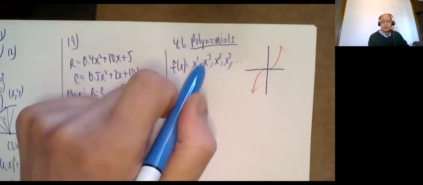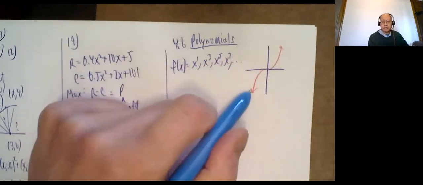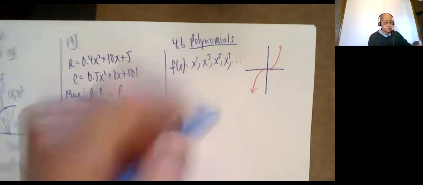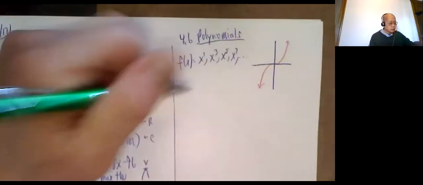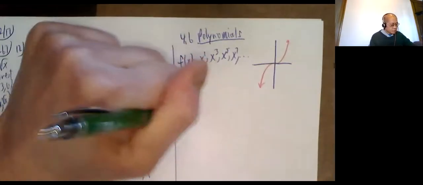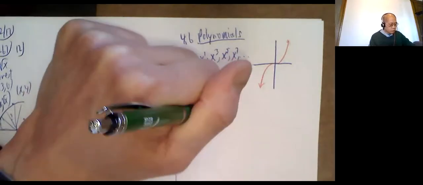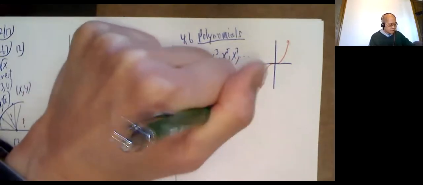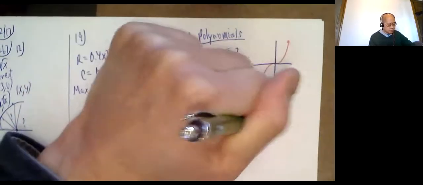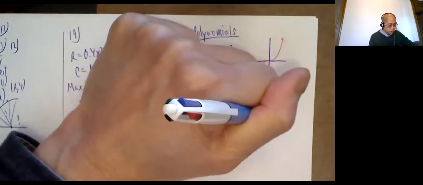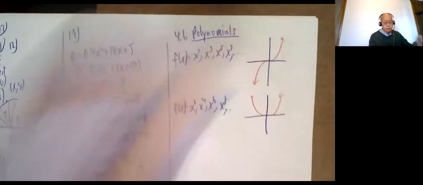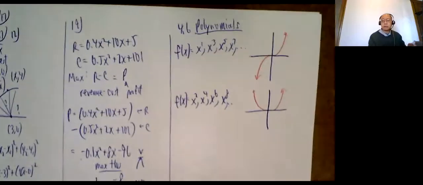If you plug in a negative, cube it, you also get a negative. If you have an even exponent, x squared, x to the 4th, x to the 6th, x to the 8th, and so on, they all tend to look something like this, just like the parabola.